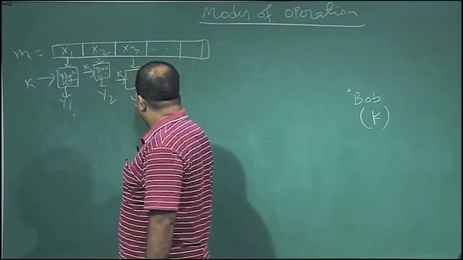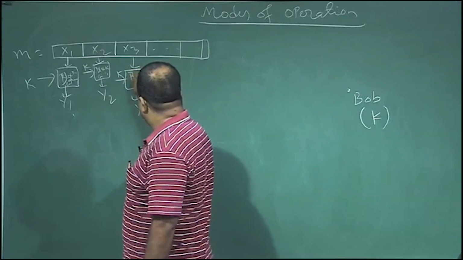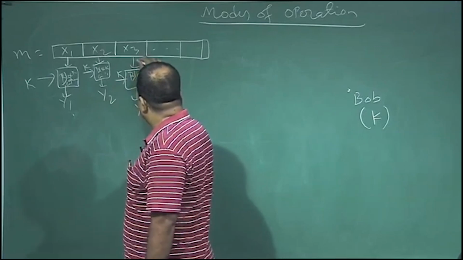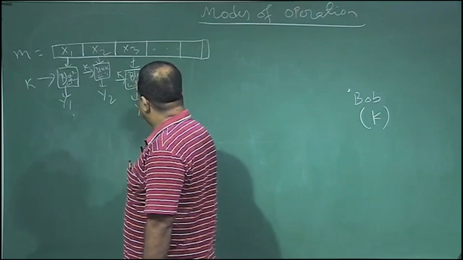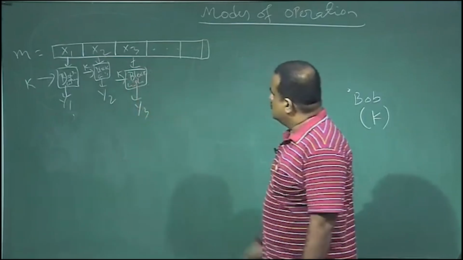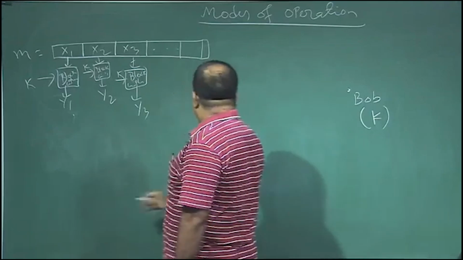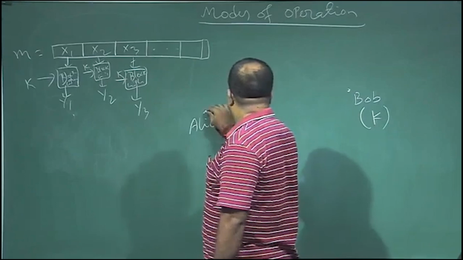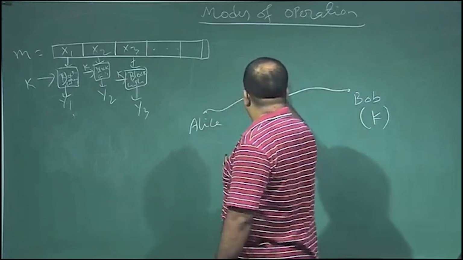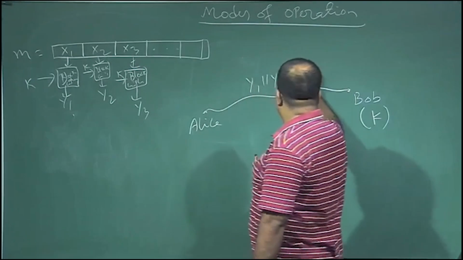With K, this is y3. This could be DES or AES depending on the size of L. So, this is the block cipher encryption. So, we get y1, y2, yn.